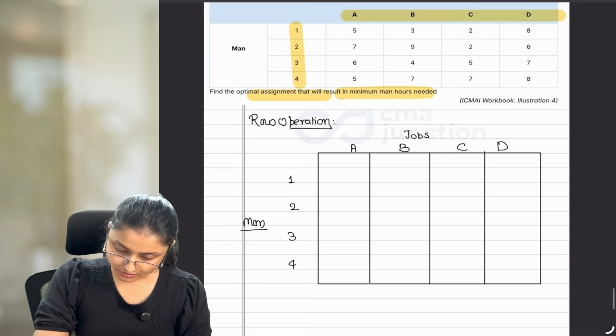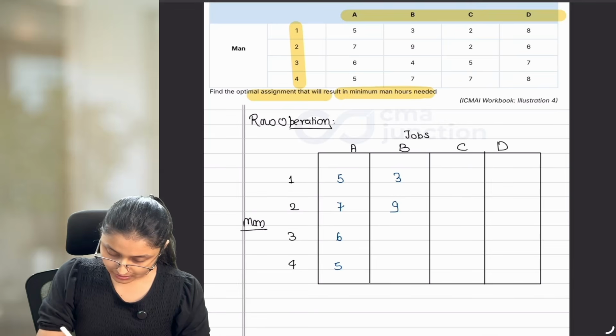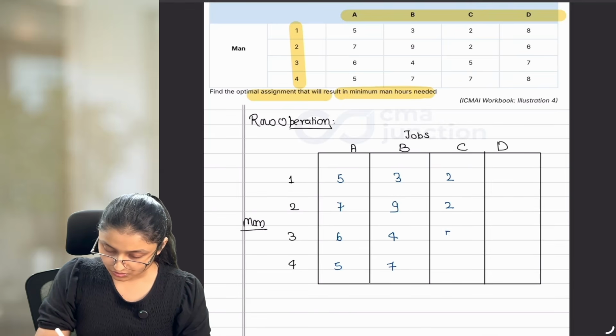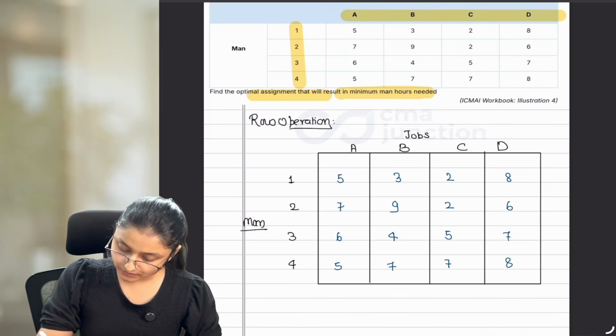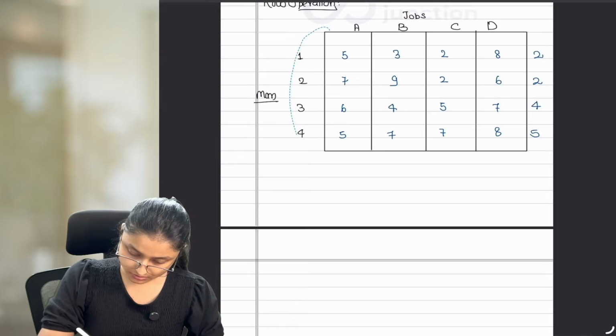Now for them, the values are 5, 7, 6, 5, 3, 9, 4, 7, 2, 2, 5, 7, 8, 6, 7 and 8. Okay? Now to perform row operation, we have to take the lowest value from each row. Here we have 2, then 2, then 4, then 5. Okay? Now let's draw this table again.